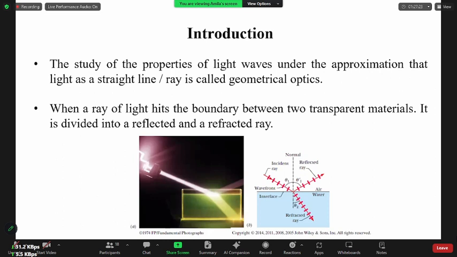So if you take light, we already discussed EM waves and visible light. You already know you can treat light as a wave.